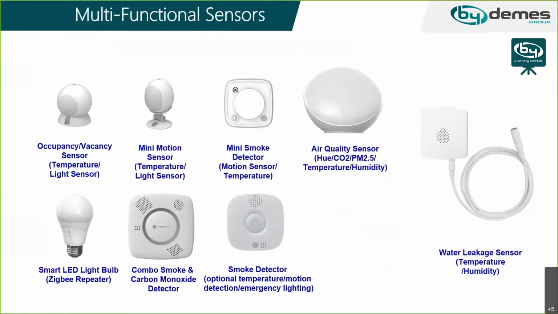And here we have more sensors. In this case, we have the occupancy or vacancy sensor. This is like the PIR sensor, but this one is used for domotic purposes because it has less sleep time.